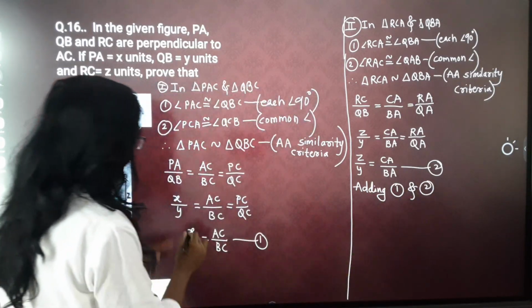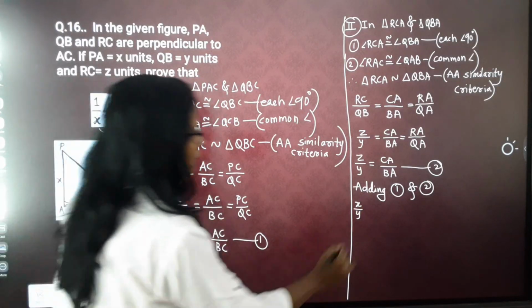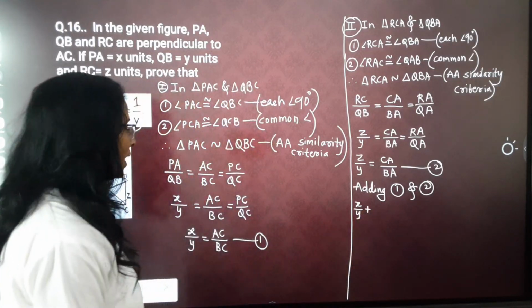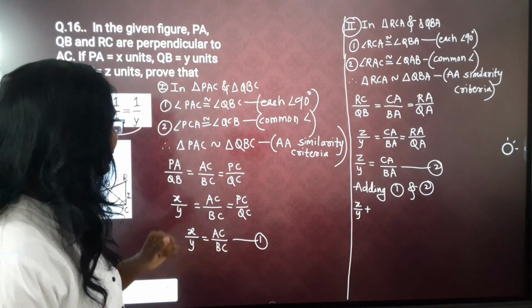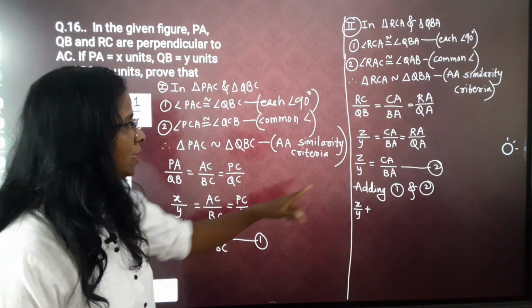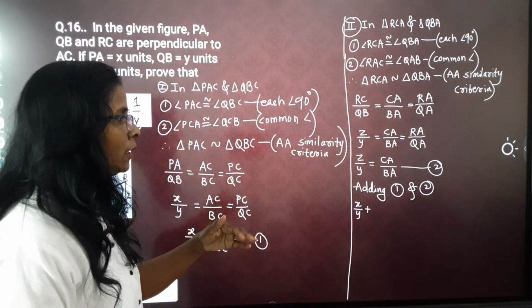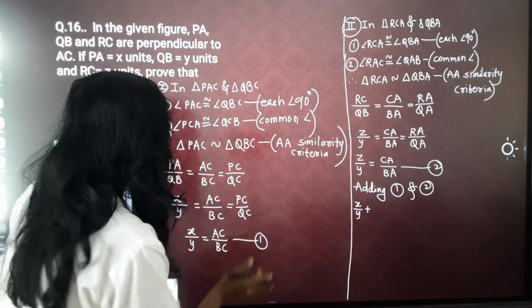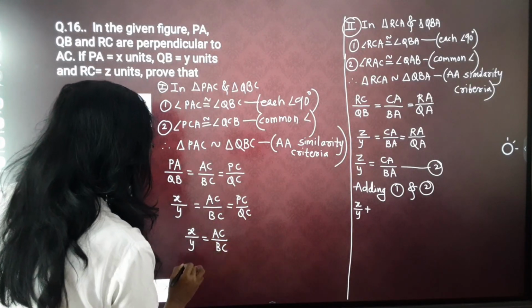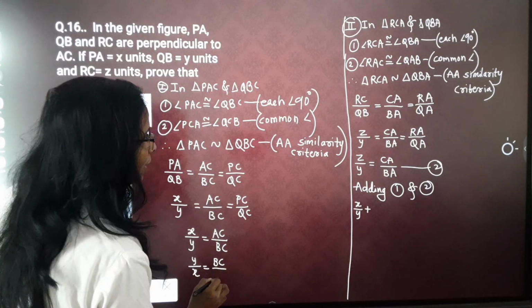So now here X upon Y plus Z upon Y. Yes students, here now AC upon BC, and here AC is in the numerator position, so we apply the inverted law here. So I do Y upon X is equal to BC upon AC.